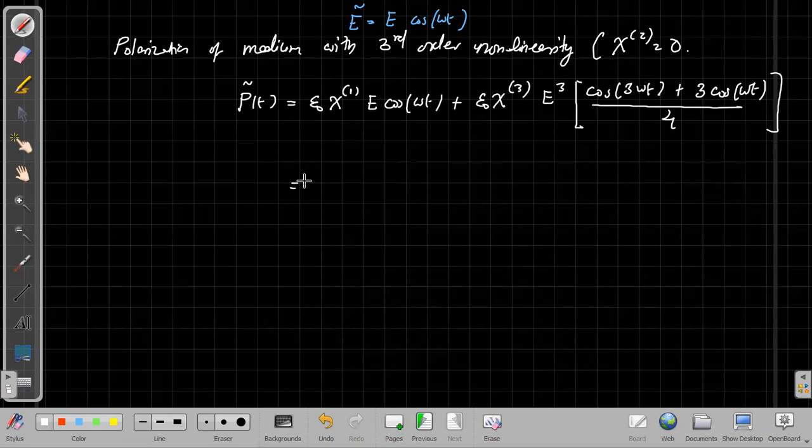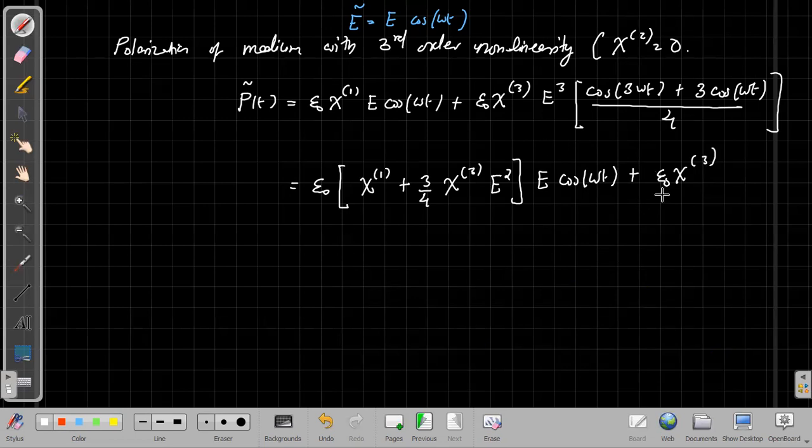This can be rewritten. We combine the terms oscillating with frequency omega, and it becomes epsilon 0 times chi 1 plus 3 by 4 chi 3 E square, times E cos omega t, plus epsilon 0 chi 3 times 1 by 4 E cube cos of 3 omega t.